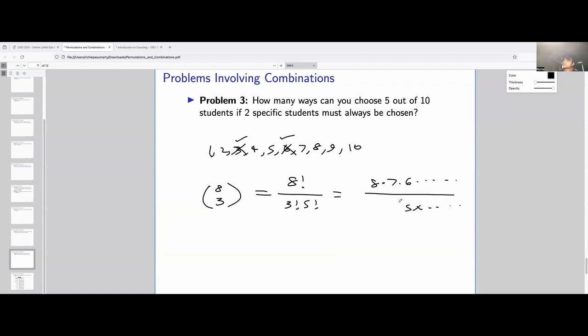These dots mean it continues till 1. So I have 5 factorial here, and it cancels out with the other 5 factorial. 3 times 2 times 1 cancels with 6. So it turns out the answer for this problem is just 56. 8 times 7, 56.